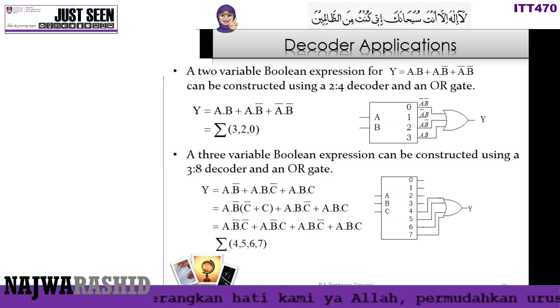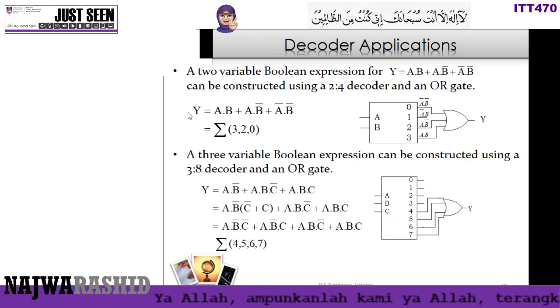And then you need to be able to identify what the values are here and how to construct this decoder. So it will be based on a 2:4 decoder, 2 inputs, 4 outputs with 1 OR gate, and then it produces this Y, which refers to the equation.